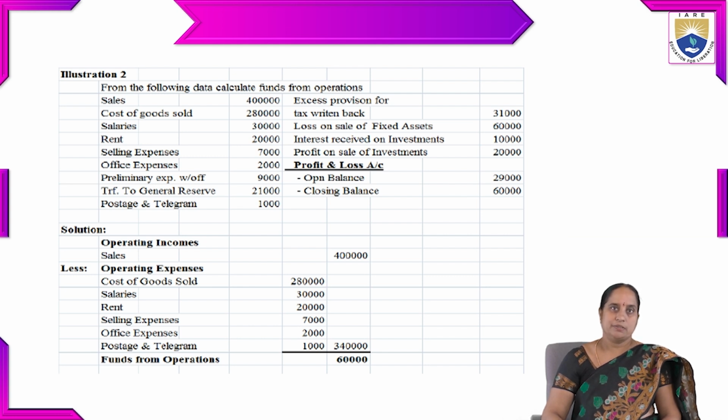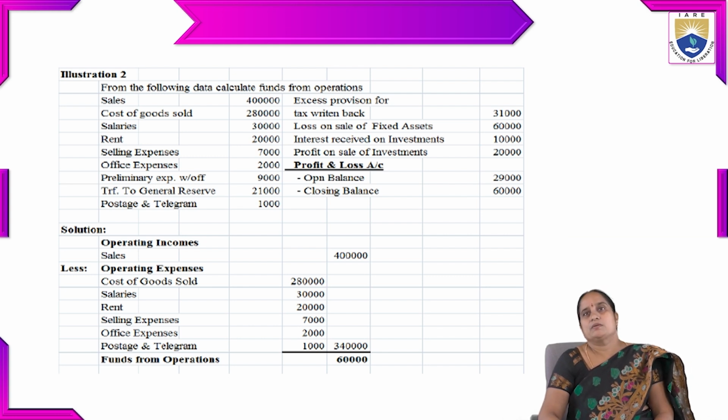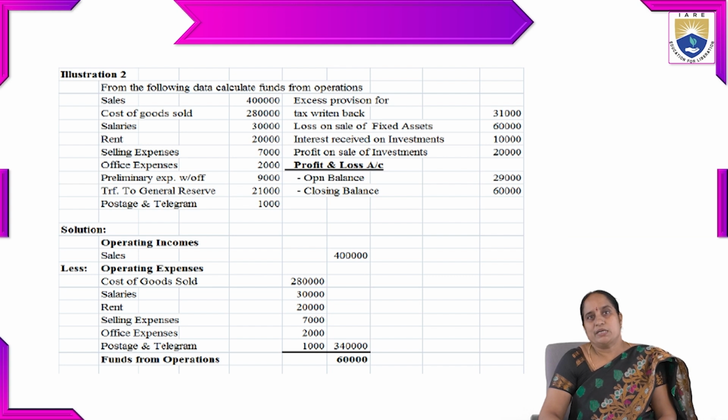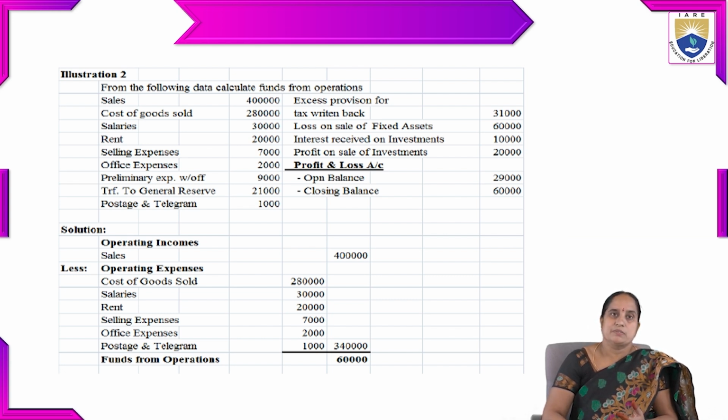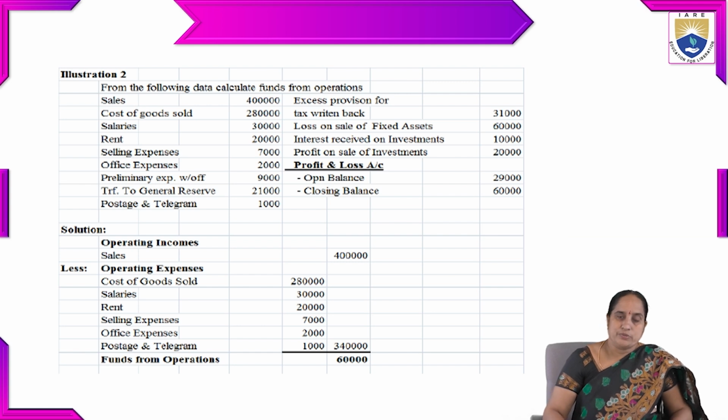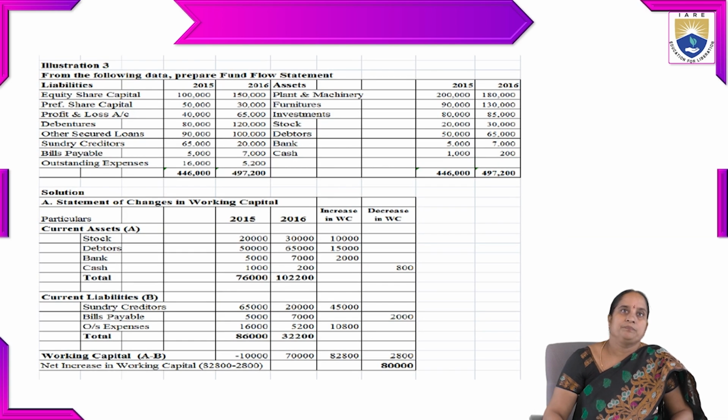So let us prepare operating incomes. Sales minus operating expenses, then we'll get funds from operations. Operating expenses include cost of goods sold, salaries, rent, selling expenses, office expenses, postage and telegram, etc.